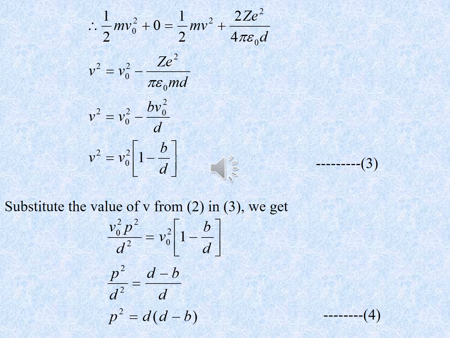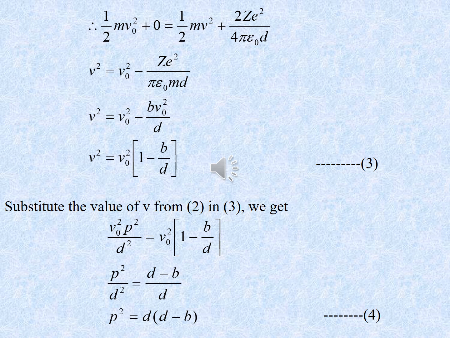So v square is equal to v naught square minus Ze square by pi epsilon naught m d. Here v square is equal to v naught square minus b v naught square by d, substituting the b value. So v square is equal to v naught square into 1 minus b by d, that is equation 3.